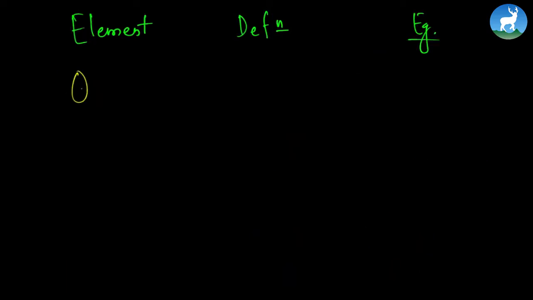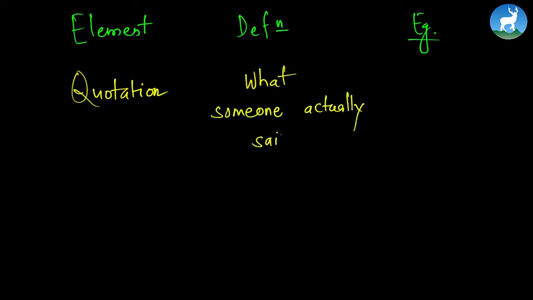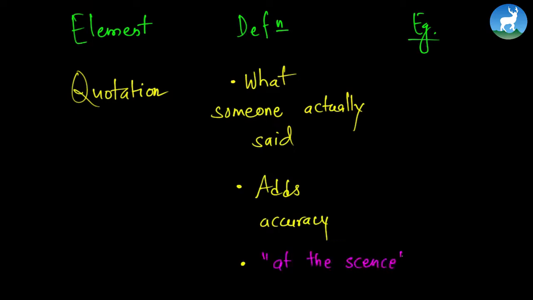Now we come to the last section, which is called quotation. What is quotation? Quotation is what someone actually said. What does quotation do? Quotation adds accuracy. Quotation also gives, like I said earlier, an at-the-scene kind of feeling.